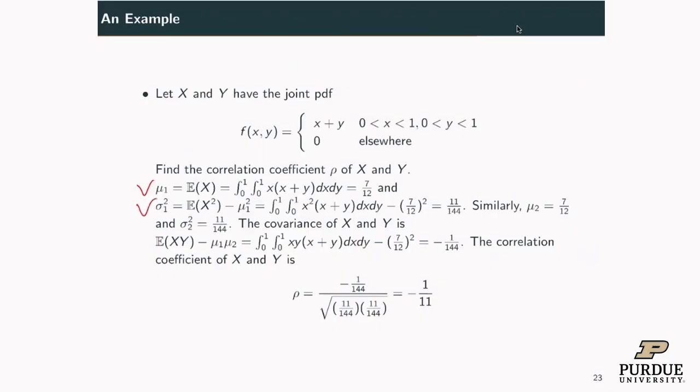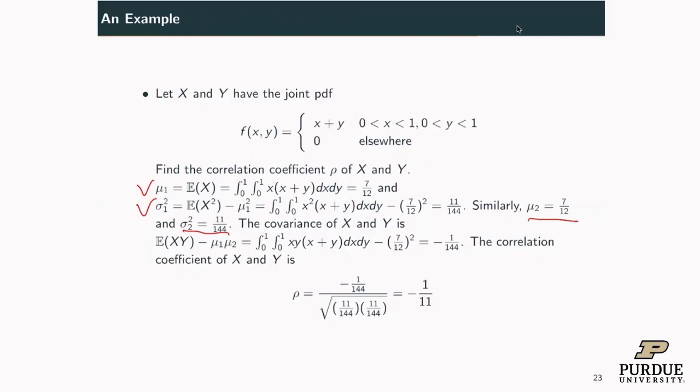We can get the variance of X. By definition, expected value of X squared minus mean square. You can get the sigma 1 square. Since X and Y are symmetric, mu2 and sigma 2 square are exactly the same as the mean and the variance of X.